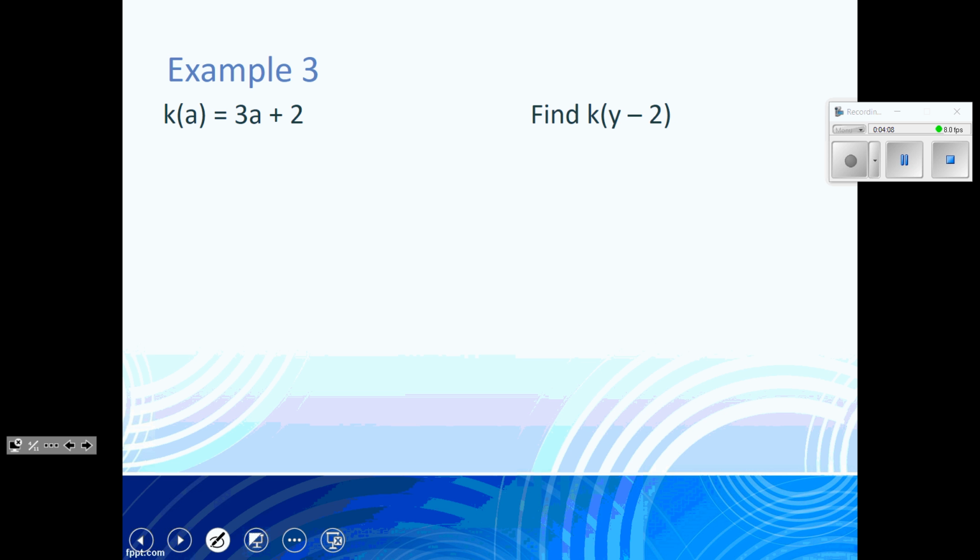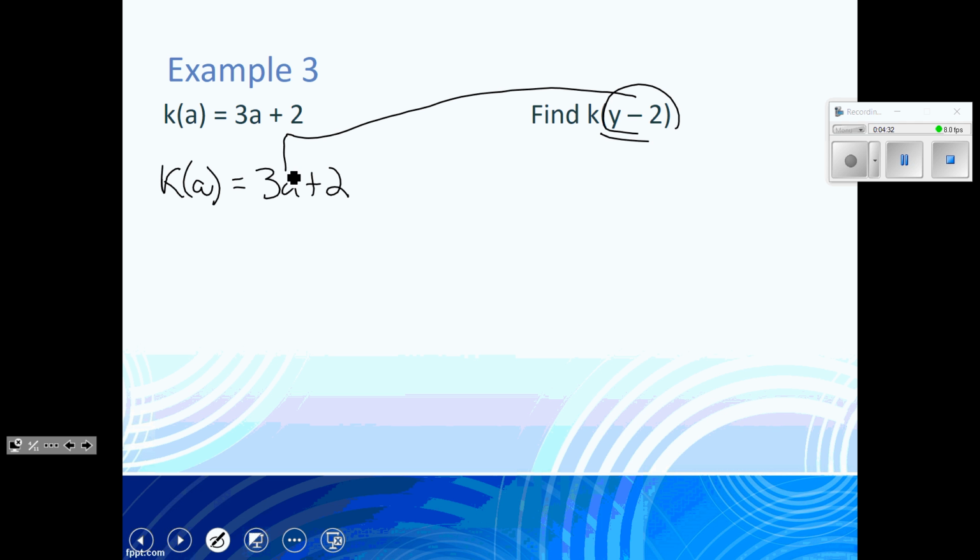So I want to know the output when what is the input? What would we be plugging in this time? y minus 2. So I have k at a is equal to 3a plus 2. Wherever I see an a, I'm going to plug in y minus 2. So 3 times y minus 2, plus 2.